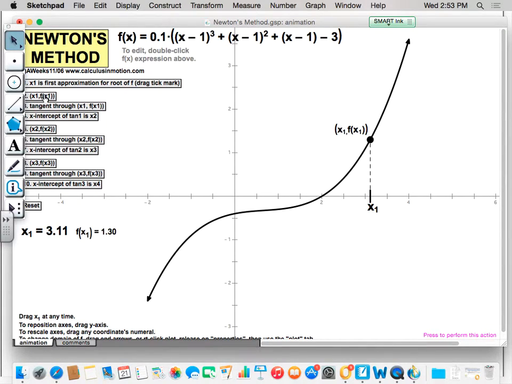So if we take the value on the function at that point and actually compute the tangent line through the point of tangency at our first guess, it's much easier to find the zero of a line than it is to find the zero of a curve.